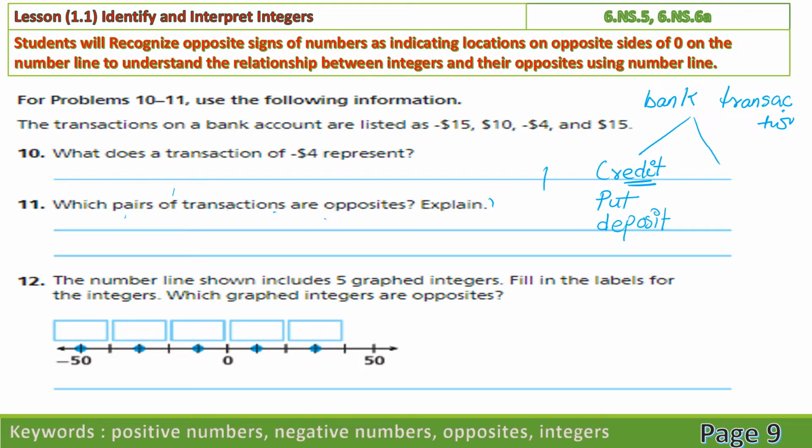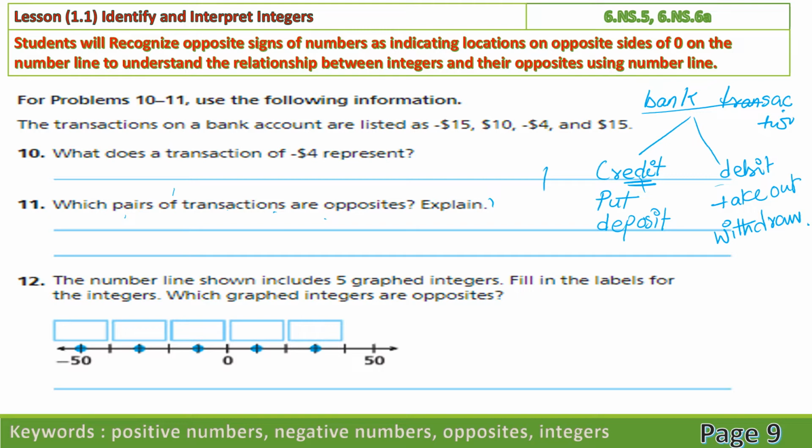And on the other part, you debit something, you take out something, you withdraw something. So this is the vocabulary we use for bank transactions. Either you put some money in or you take some money out.